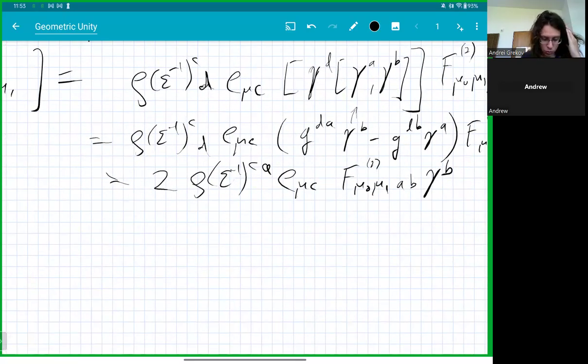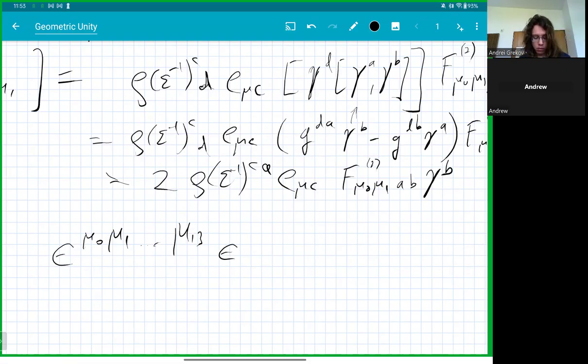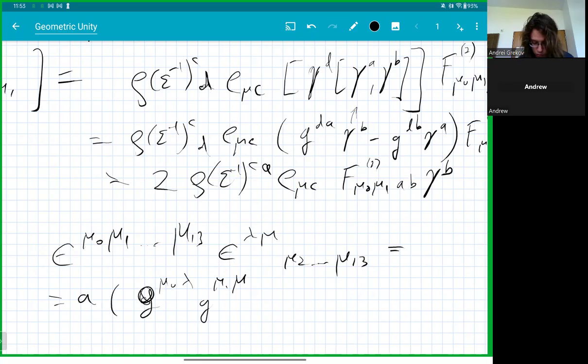So when applying Hodge star twice, we again need to use the relation, and be proportional with some coefficient to G mu 0 lambda, G mu 1 mu minus G mu 0 mu, G mu 1 lambda.